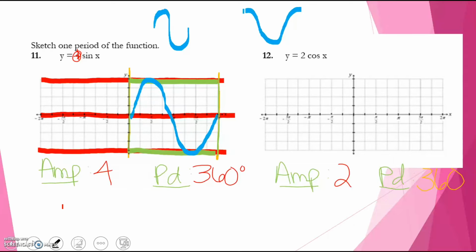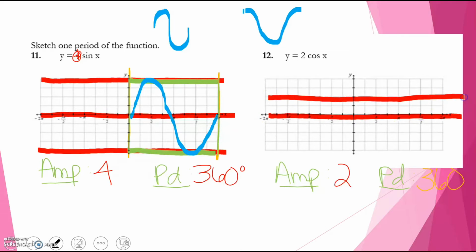That means from the equilibrium down the center, it's 2 high. So I draw a line at 2 above the equilibrium, and a line at 2 below the equilibrium. So this is going to be a shorter graph. Then my period is 360. So we're going to start at the axis, and it's going to end at 360 or 2 pi.